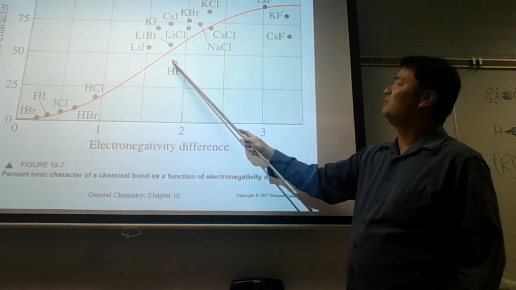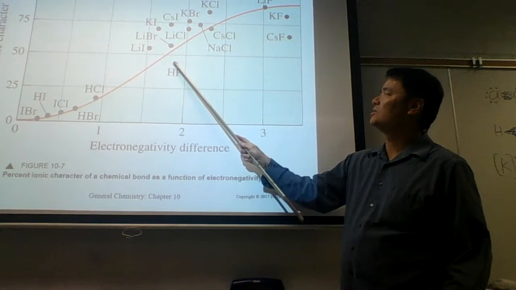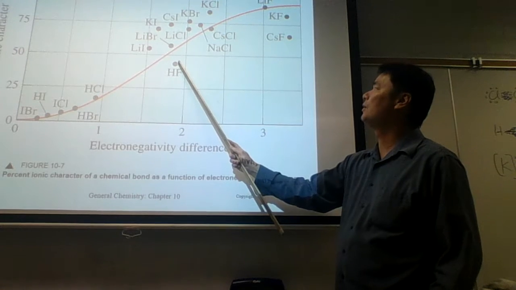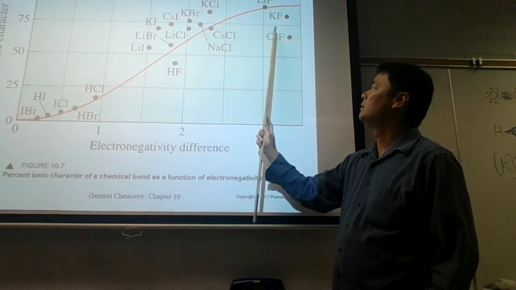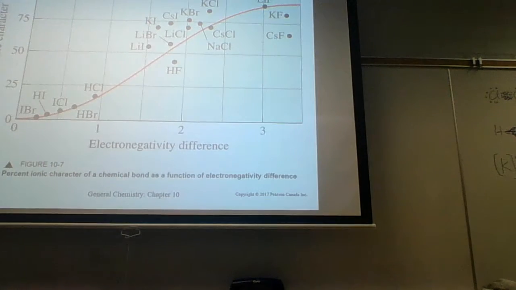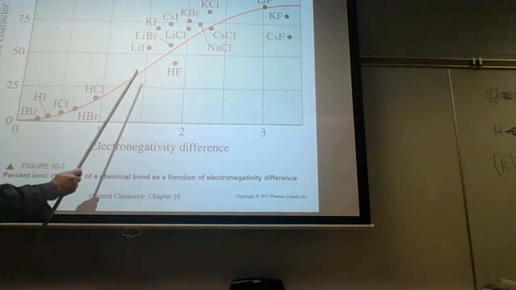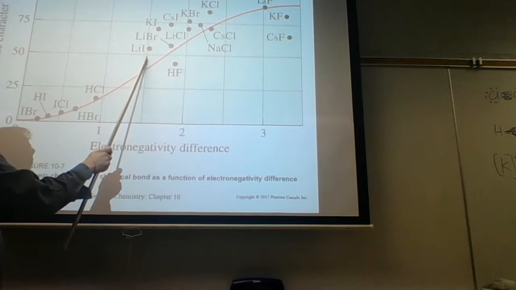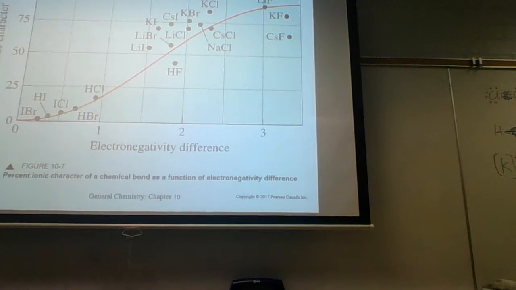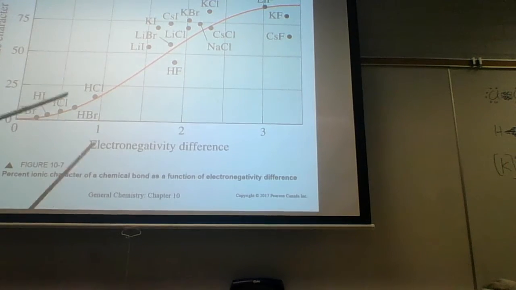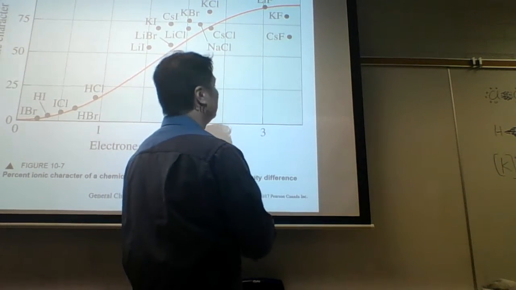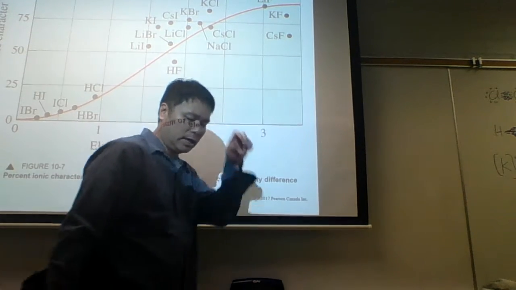But if we have nonmetals like HF, then we'll write it as covalent, even though the delta EN is pretty high here. So lithium iodide, we'd still write like this, and HF, we're still going to write like this, with a line.